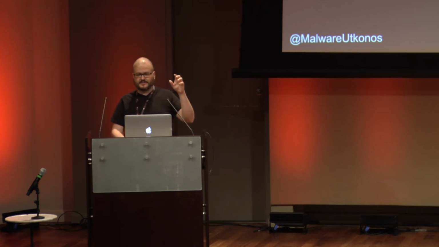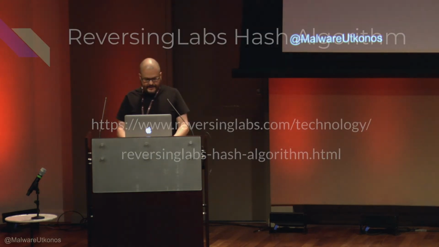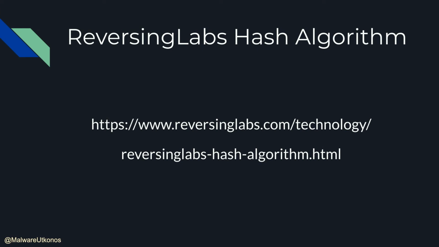There's an index called similar-to, where you give it the hash of the file you're looking at and it tells you what they think is similar. And then there's another friend of the family: ReversingLabs has another algorithm with the same goal, but they've described how it works. They have a blog post about what their hashing algorithm is and how it works.